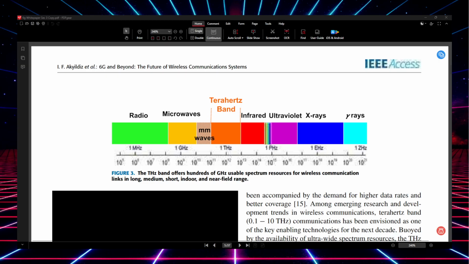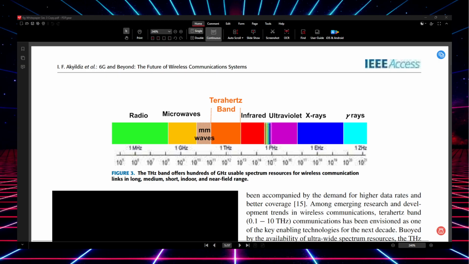The radio waves are at the left hand. Those are what look to be the largest sized waves, or I think that's 10 to the 6th, 1 megahertz. Then you have microwaves, which looks like 10 to the 9, so that's 1 with 9 zeros.